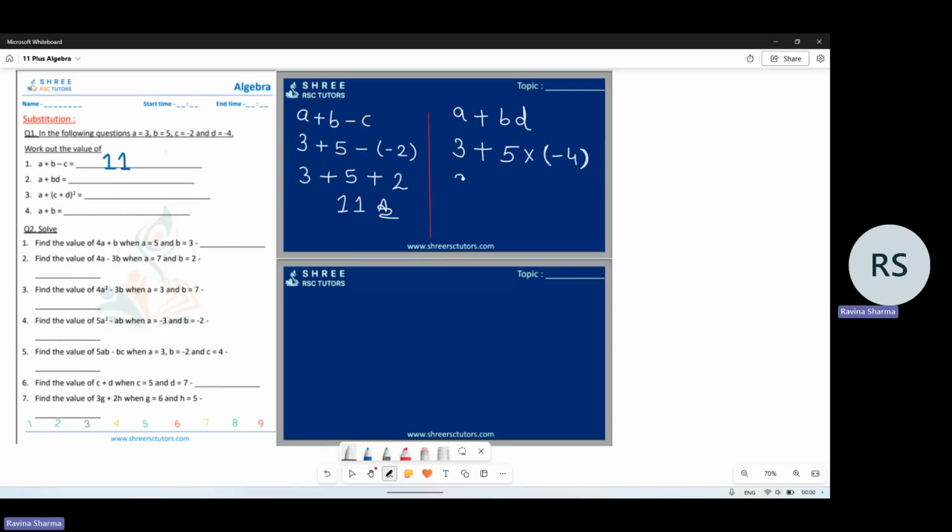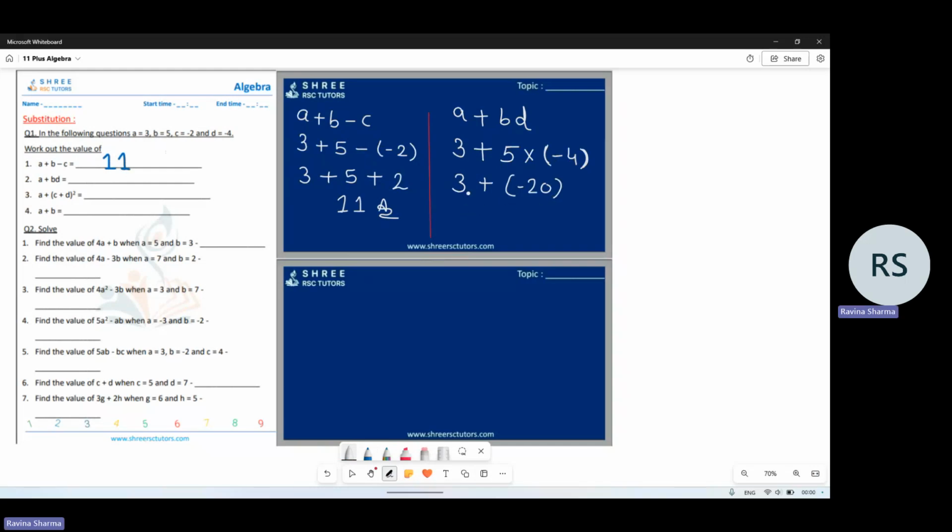For this, we will write the 3 as it is, addition. Now 5 multiplied with 4 is going to be 20. 5 times 4 is 20. But this is 5 multiplied with negative 4. Since it is a negative 4, 5 times negative 4 is going to be negative 20.